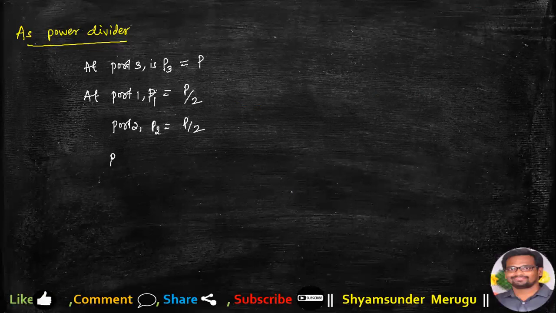So the power at port 3 is the summation of the power at port 1 and the power at port 2, which we can write as P by 2 plus P by 2.